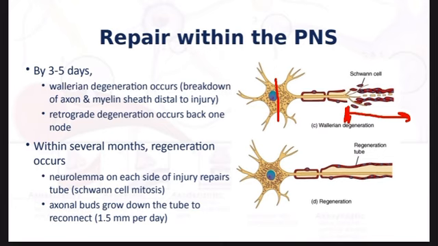What happened? اللي هي نتكلم دائما عليها النيرولاما on each side. تتذكرون ما قلنا في الاوتر layer, هذه هي الاوتر layer نيرولاما. It actually, on each side of the injury they repair, they form a tube, so the Schwann cells mitosis زي ما يصير لها زي البريك داون, فتروح فتجي هنا تنزل وتنزل هنا ها. فالاكسون buds grow down the tube, reconnecting at 1.5 millimeters per day.